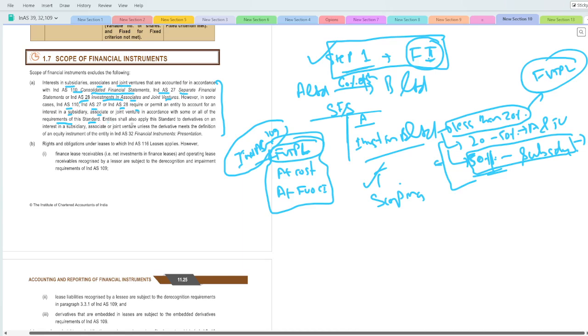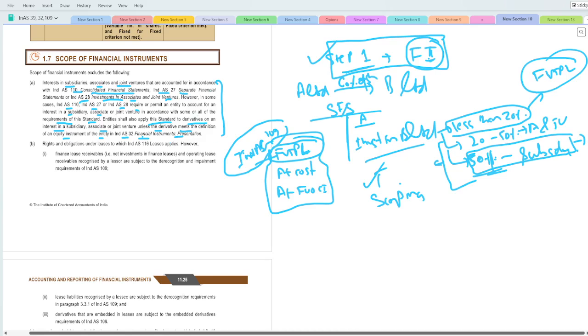So entities shall also apply this standard, this standard meaning Ind AS 109, to the derivatives on an interest in the subsidiary, associates, or the joint venture, unless the derivative meets the definition of an equity instrument of the entity in Ind AS 32 Financial Instruments. Correct.